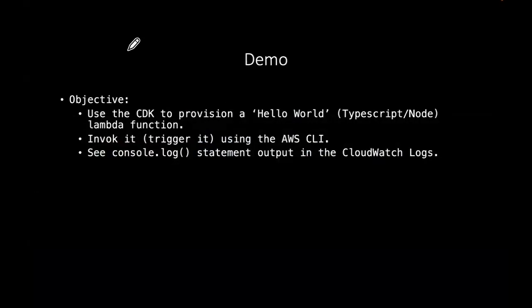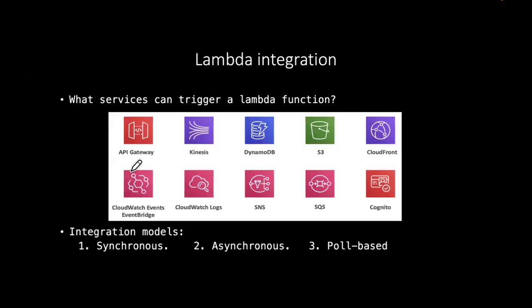So we've demonstrated using the CDK to provision what I'm calling a hello world TypeScript Lambda function, which is the entire part of my application, and we've invoked it and we've seen where the console logs go. Now, the title here is Lambda integration.